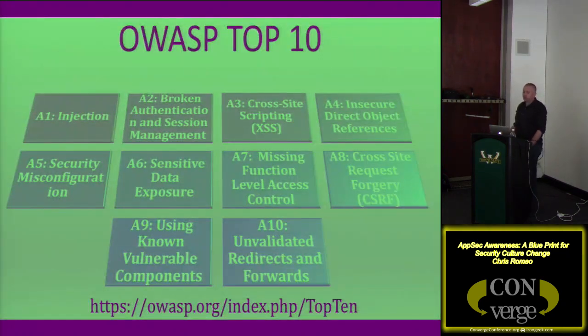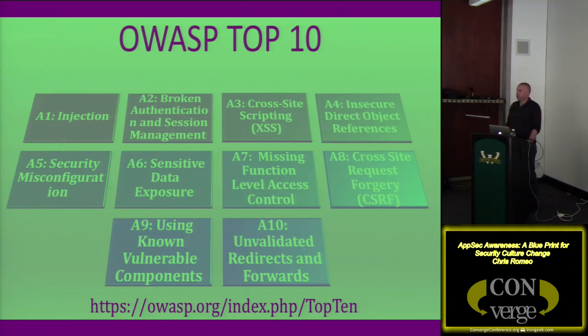So the OWASP Top 10. Show of hands, are you familiar with the OWASP Top 10? Okay, almost everybody. Leave your hand up if you live and breathe the OWASP Top 10. A couple of diehard AppSec folks. The OWASP Top 10 is a list of web application security problems that we've had historically. It's about 10 years old at this point, and it provides a nice container.